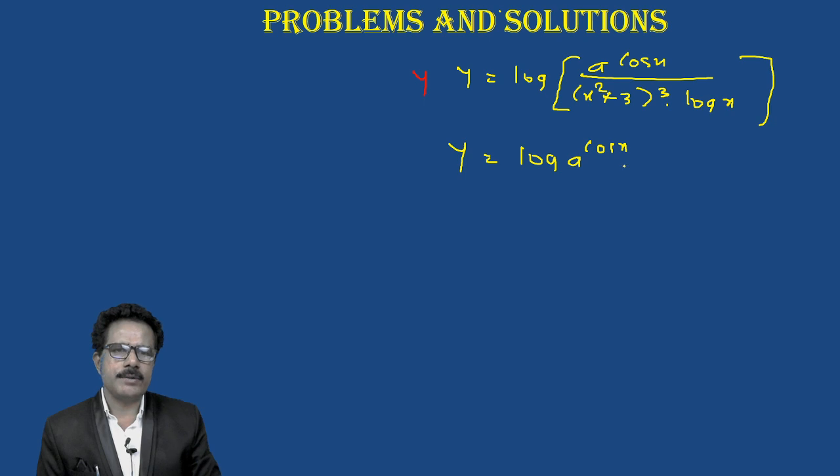Due to this division we can take a subtraction, log of x square plus 3 bracket cube into log x.